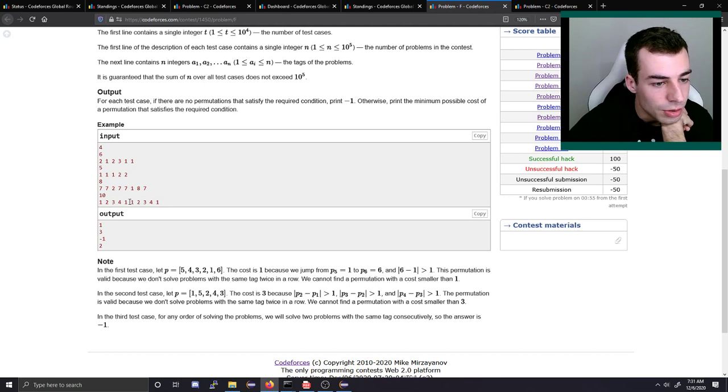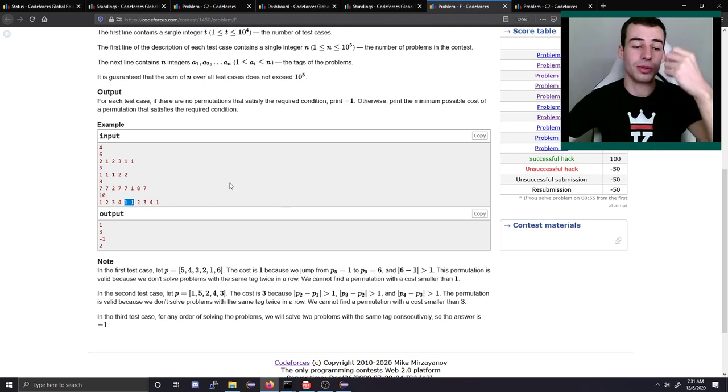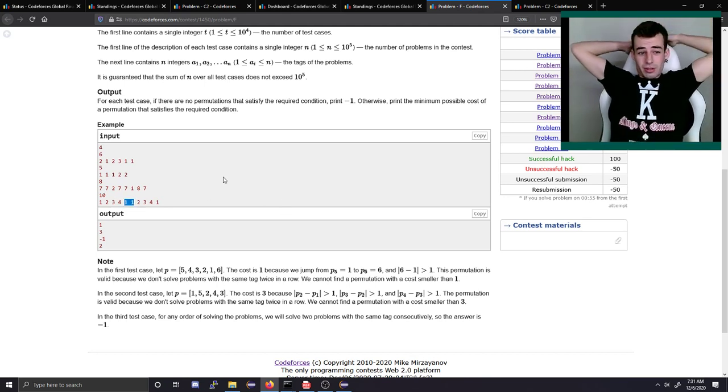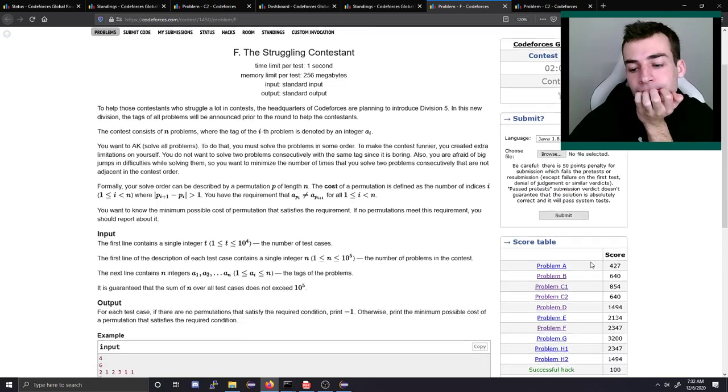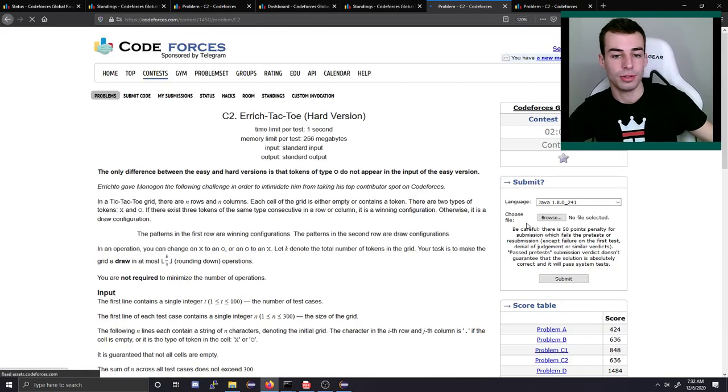This one is 2. It's the longest sequence of consecutive 1s. No, that's not right. Though it passes samples. Wait, what? I don't know, maybe. Go back to the C2 for a minute.